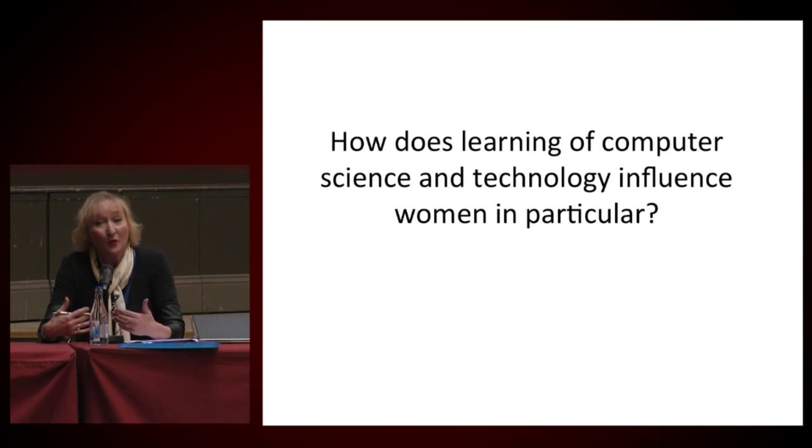So it's about storyboarding, it's about content creation, it's about collaborating in teams, and it's very popular with girls because it's creative. And I think one of the things we need to do as an industry is get this message across that programming, computer science is one of the most creative skills that anybody can have, because from absolutely nothing you can create something that is almost living and breathing and functioning.